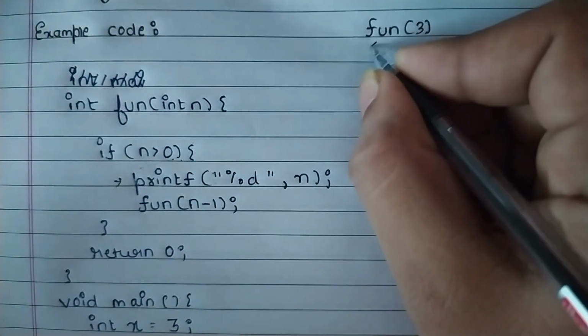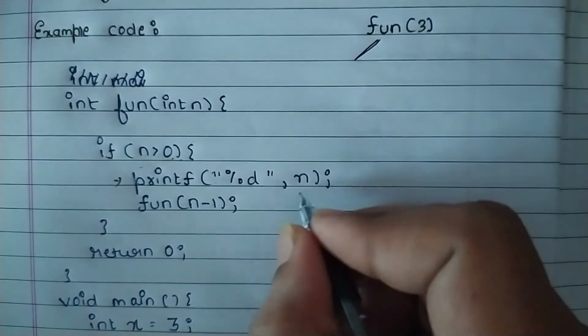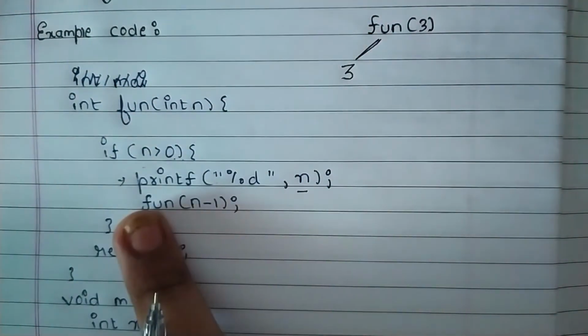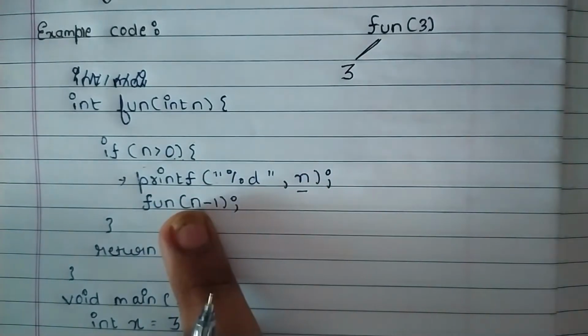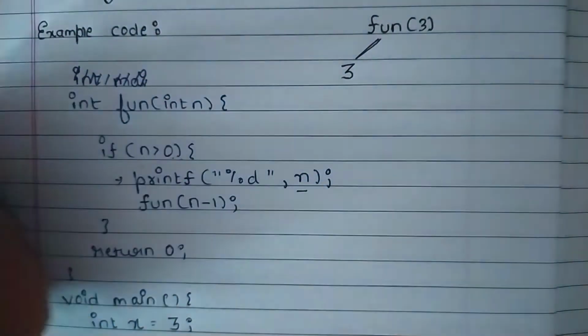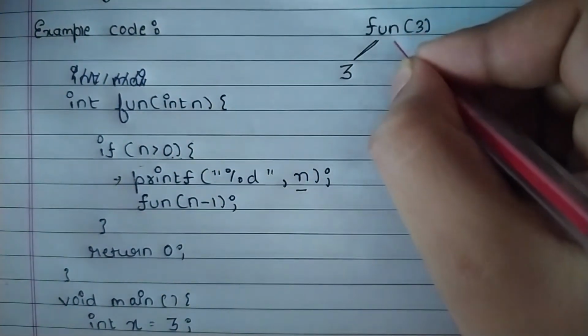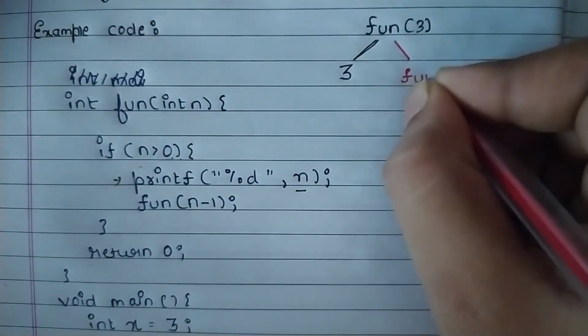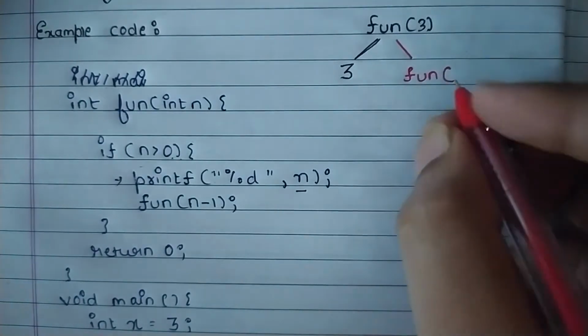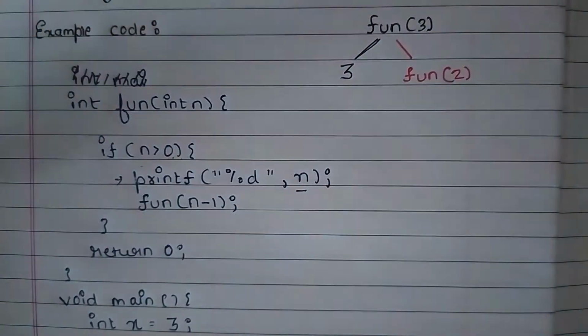So it will print 3, and next after completing this it will again call itself. So let's switch the pen and call fun with the value n minus 1, that is 3 minus 1, 2.